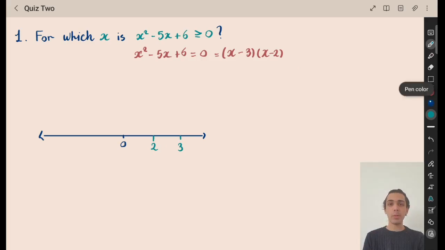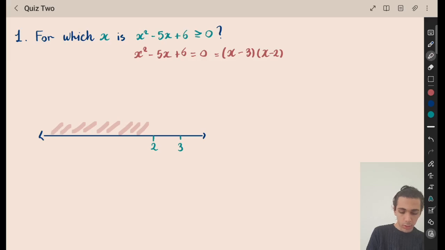Now let's see what happens with the function before, in the middle, and after.